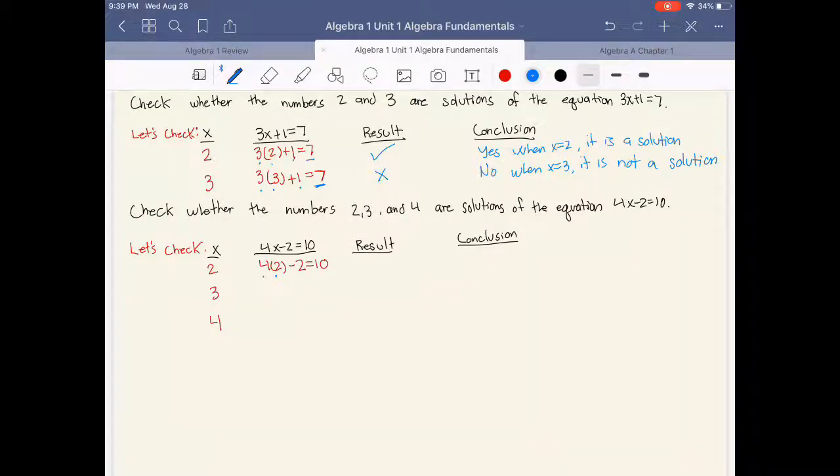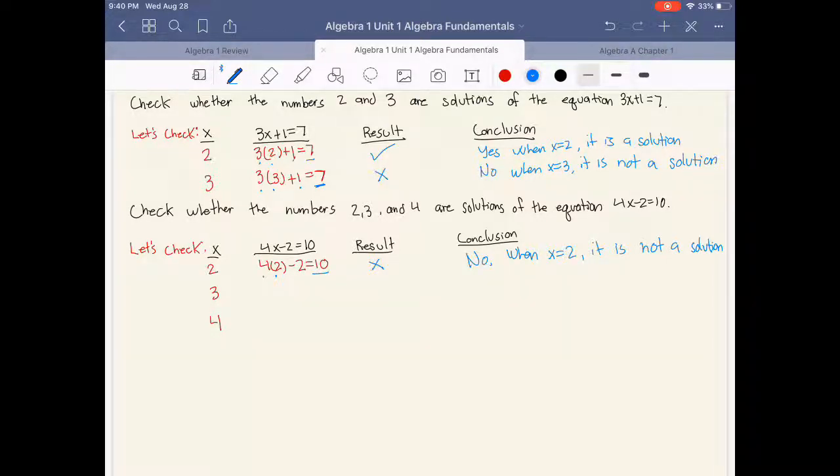But does that equal 10? No, it does not. So when x equals 2, it is not a solution. Or you can just say x equals 2 is not a solution. You don't have to write it how I'm saying it, but just say no, x equals 2 is not a solution, in your own words.